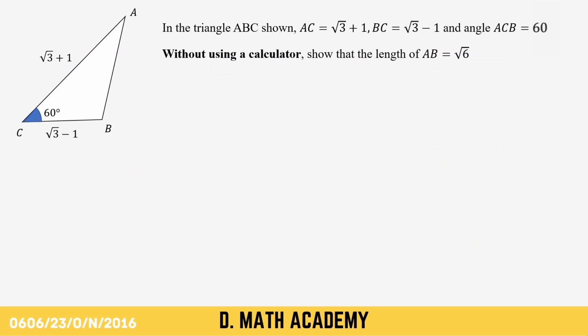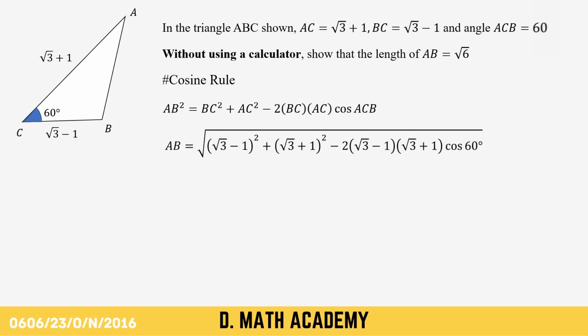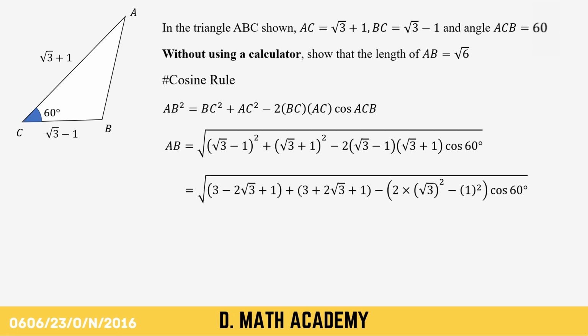So using cosine rule here, AB squared equals BC squared plus AC squared minus 2 times BC times AC times cosine ACB. So AB will be square root of the entire thing, multiply them and calculate it accordingly. So the 2 square root 3 will be cancelled off in the process.